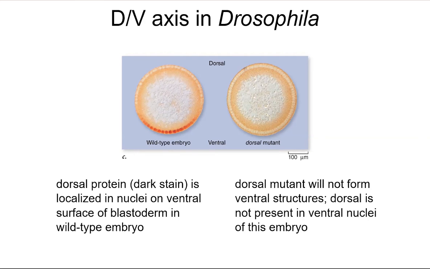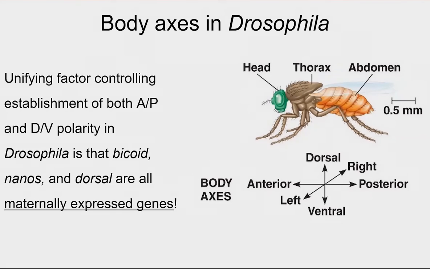In dorsal mutants, dorsal protein is not found in the nuclei of ventral blastomeres, and ventral structures will not develop. The unifying developmental factor in the polarity of Drosophila anterior-posterior and dorsal-ventral axes is that bicoid, nanos, and dorsal gene products all originate solely from the maternal genome rather than from the zygote.